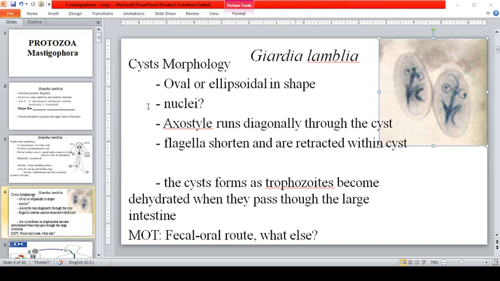Therefore, aside from fecal oral route or hand to mouth transmission, or food and water contaminated with feces containing the Giardia lamblia, it can also cause recreational water illnesses, okay? Which means that this parasite can be spread through pool water. So, pwede mo siyang mainom if the swimming pool water is contaminated with this parasite, okay?